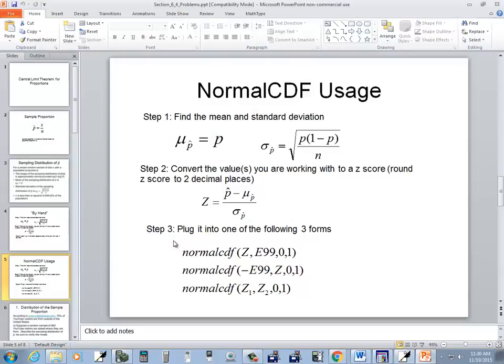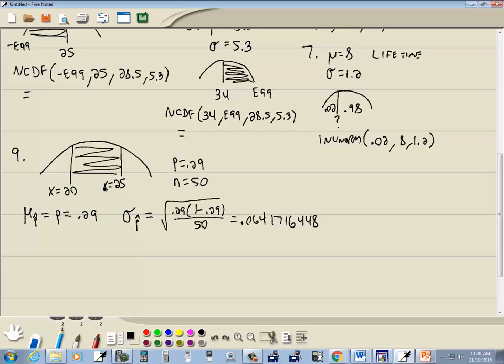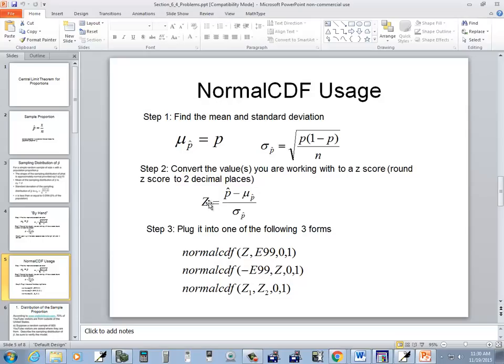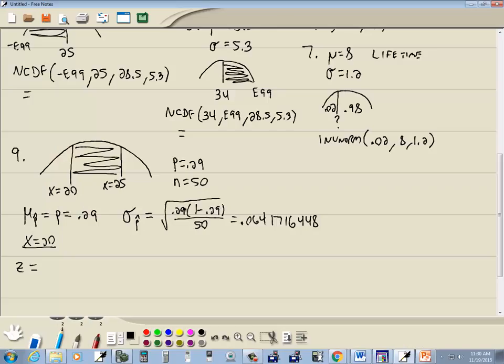Okay, so now we need to convert these to z-scores, because currently these are x values. So for x equals 20, we're going to have z is equal to p hat. Now p hat is x over n. So actually, before I do that, let me put that in a separate calculation. The p hat here will be x over n, which will be 20 over 50, which is 2/5.